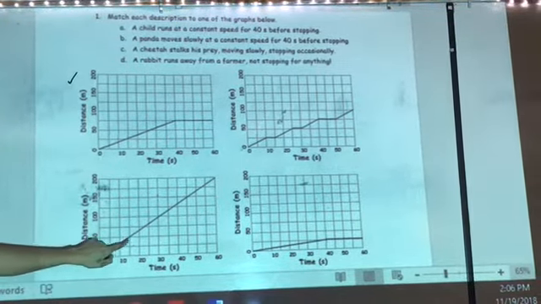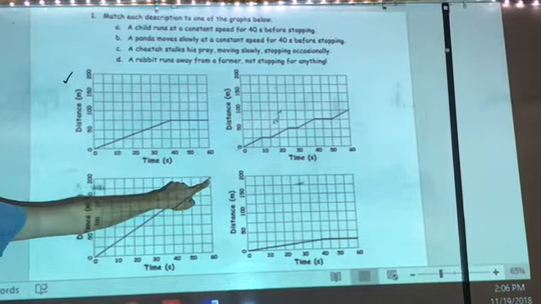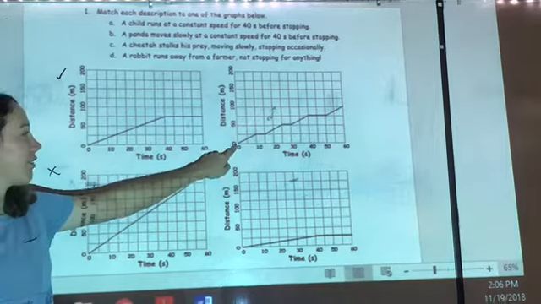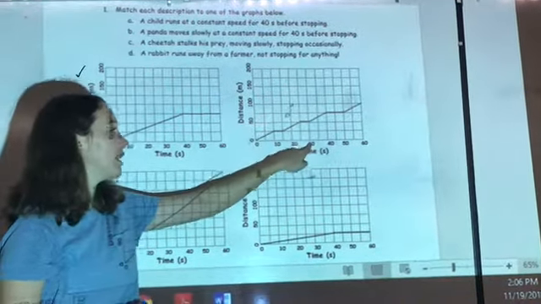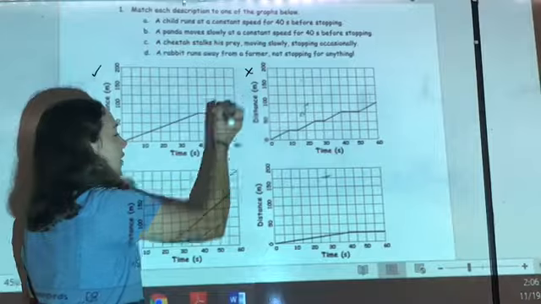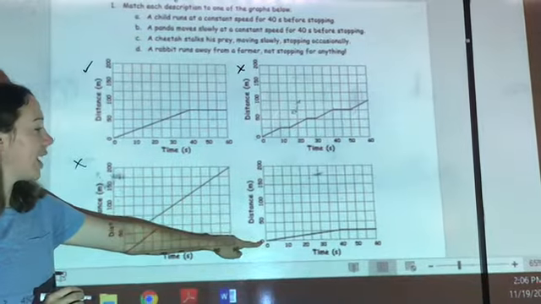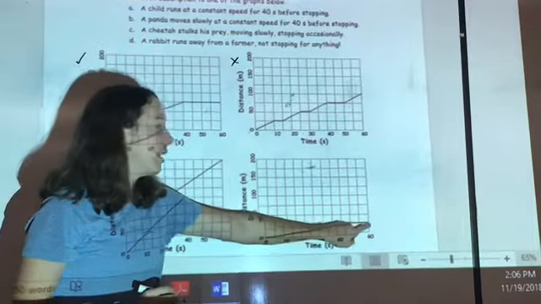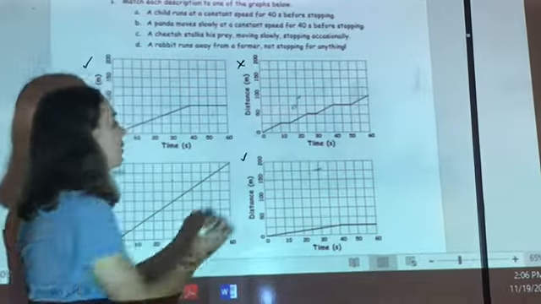This graph, I have a constant speed all the way through it, through 60, so I know it's not going to be that graph. This graph, the speed changes before you get to 40, so it can't be that graph. And then this last graph, I once again have a constant speed until 40, and then it levels out again. So this is also a possibility.